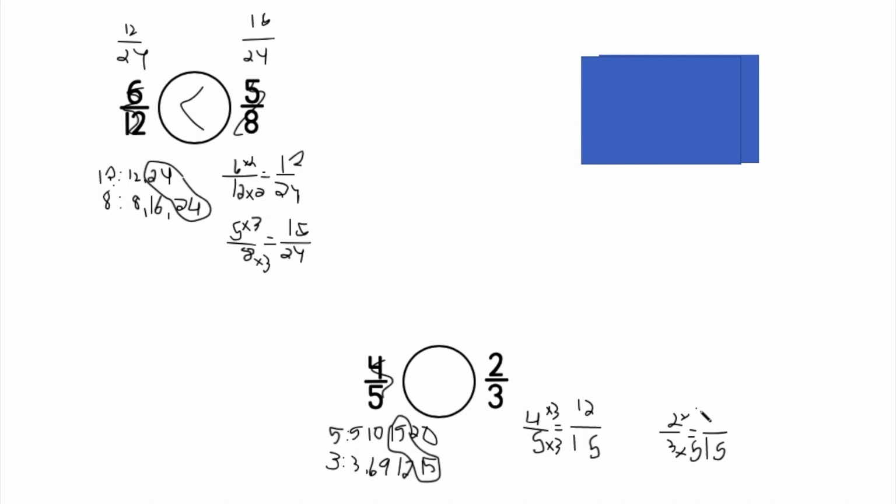So 2 times 5 equals 10. So now instead of thinking of 2/3 as 2/3, we're going to think of it as 10/15. Which one's larger? When the denominator is the same, the bigger the numerator, the bigger the fraction. So 12/15 is larger, or 4/5, because they are equivalent fractions.